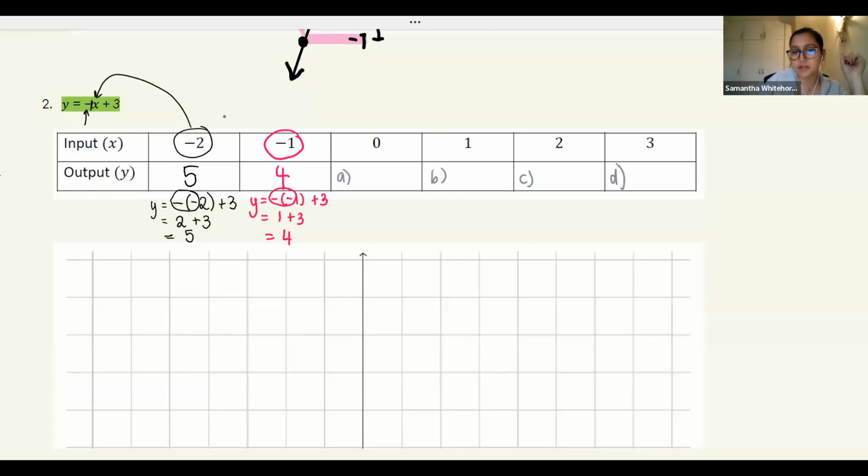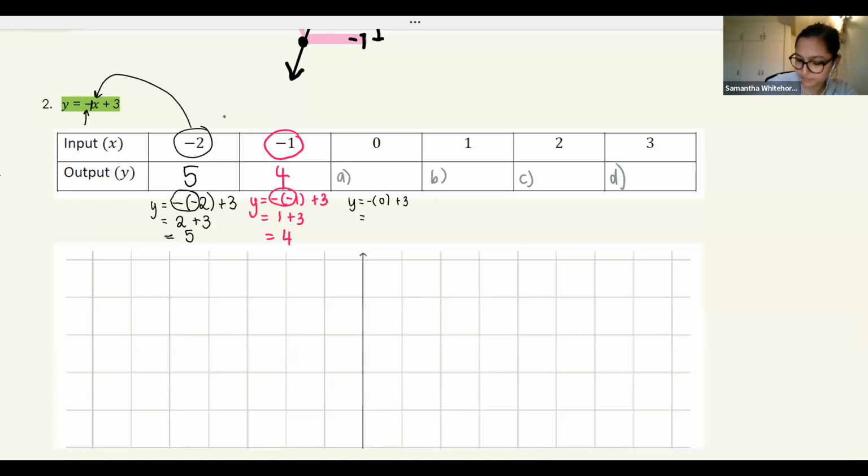Sibonga, do you want to give us the first one? So I said negative open brackets 0 plus 3. And then negative times a positive equals a positive.